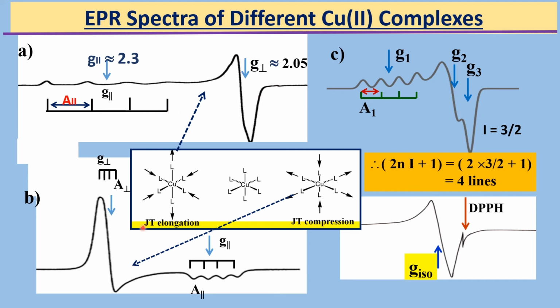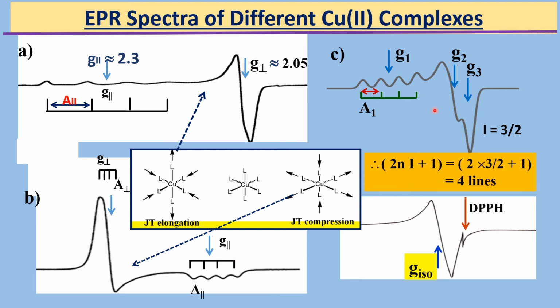Under certain conditions, due to lattice constraint, there are also copper complexes in the JT compressed state. In this case, g perpendicular is greater than g parallel. If g perpendicular is greater than g parallel, then it is a tetragonally compressed complex.